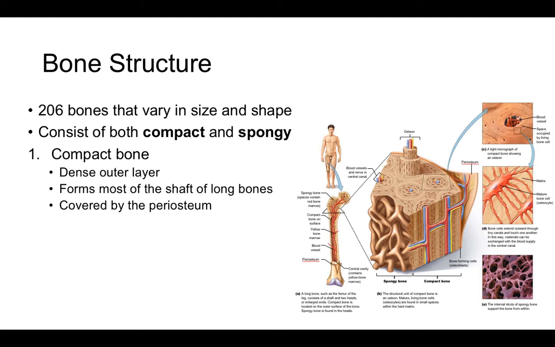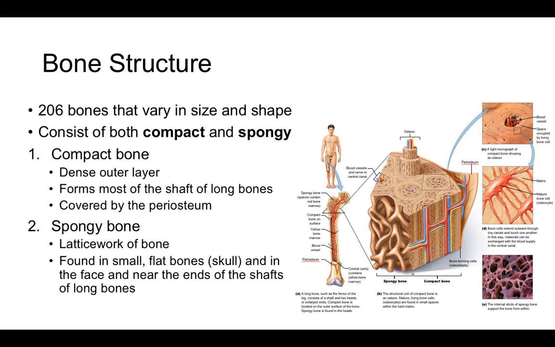The compact bone is the external portion of every single bone, and how much and the distribution of the compact bone depends on the different type of bone, whether it's a flat bone or a long bone, etc. The compact bone is always covered by the periosteum, which is then contiguous with the tendon, which is contiguous with the epimysium, which surrounds each and every muscle in and of itself. So that way the muscles can act on the bones to create a lever system.